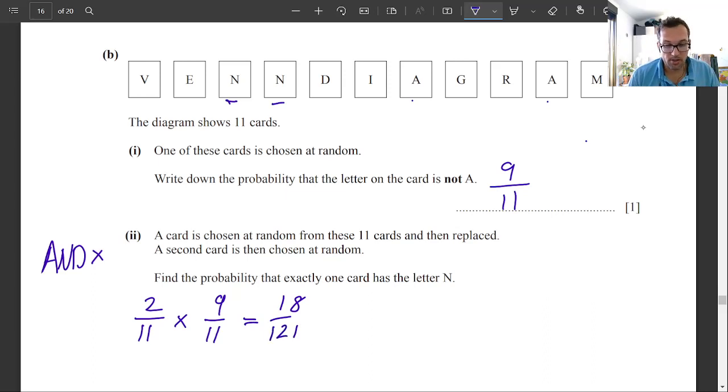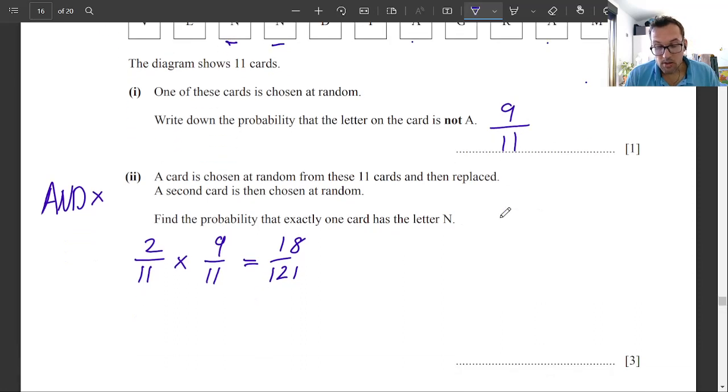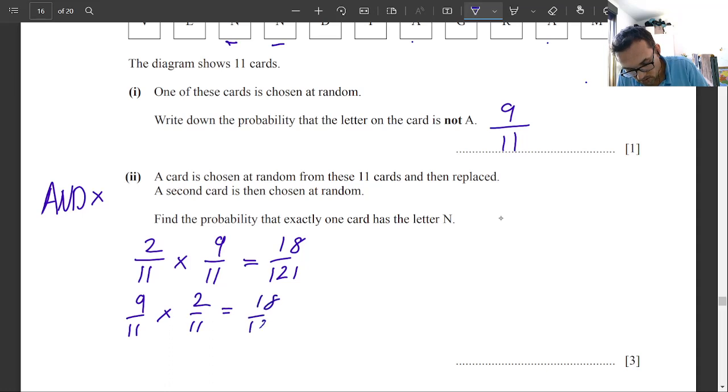Okay, but there's another thing that can happen. We can pick a card that's not an N first. What's the chance of that happening? 9 out of 11. And then pick the N, which is 2 out of 11. So that will also be 18 out of 121. Okay. Can these two things both happen at the same time? No. It's either the one or the other.